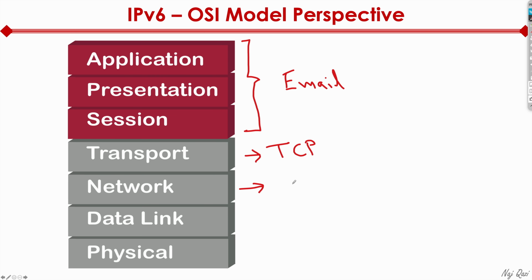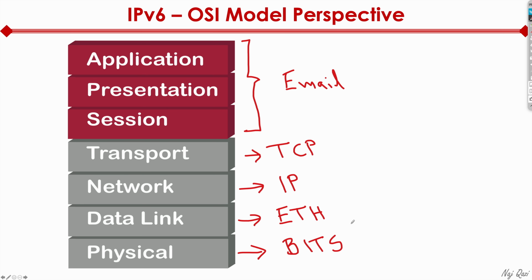At layer 3, or the network layer, it's going to have to use IP. At layer 2, it may use Ethernet. There might be another technology, but let's just assume it's Ethernet because that's the dominant technology in use today. And then at the physical layer, we'll have bits and bytes and all that, and electrical signals and photons.